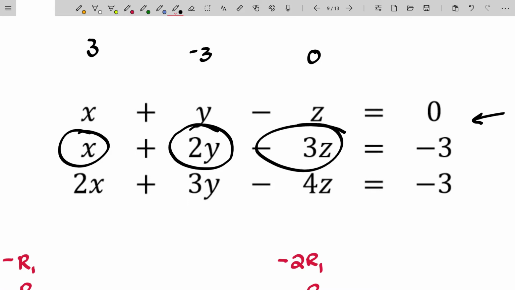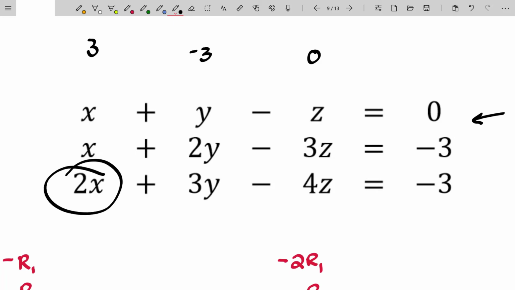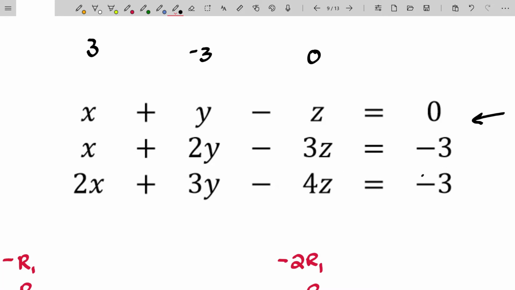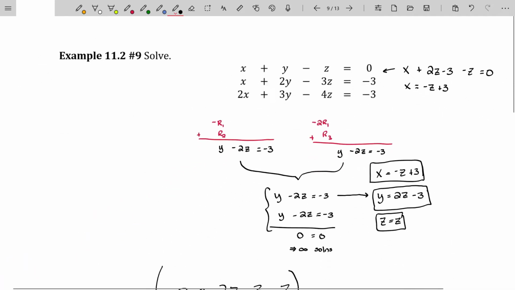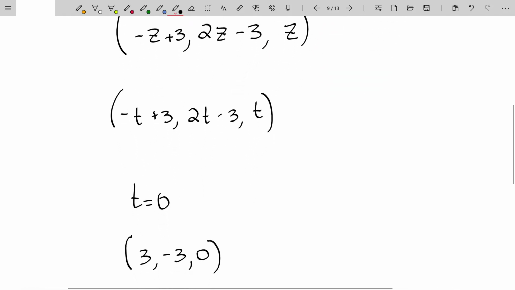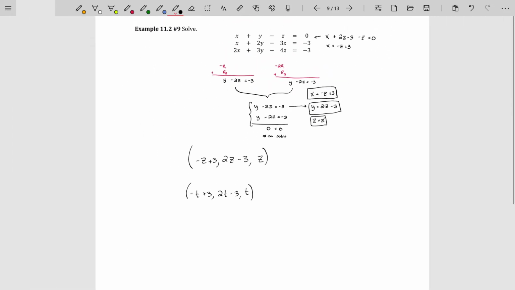Minus 0 is still negative 3. 6 minus 9 would be negative 3. Minus 0 is a negative 3. And you could do this for any value of t that you want to substitute into our parameterized solution. So if you let t equal 27, again, you would get a point that would solve that 3 by 3 system.